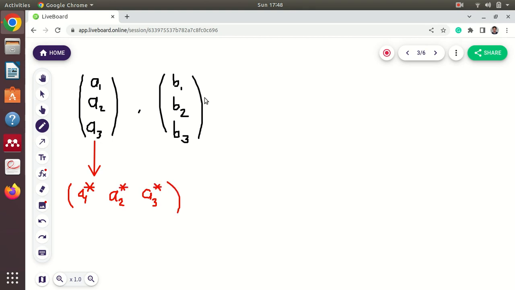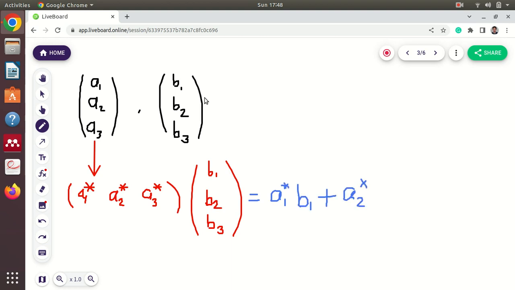So I have converted the matrix in vector space into a matrix in dual space, and the second vector I will write as it is. And now we can easily multiply these two vectors. So we will get A1 star B1 plus A2 star B2 plus A3 star B3.